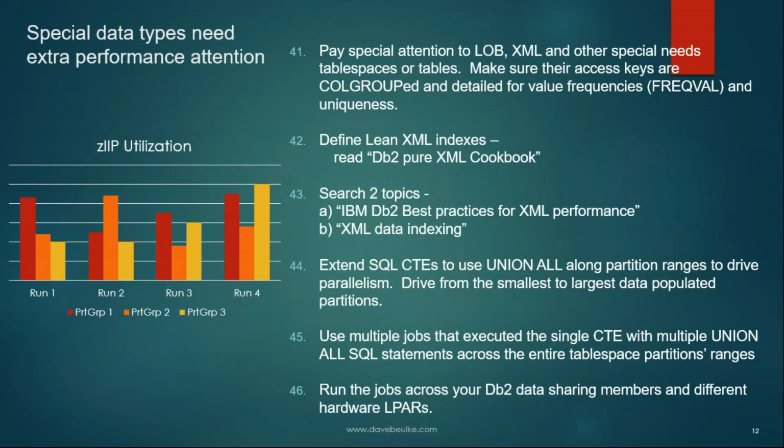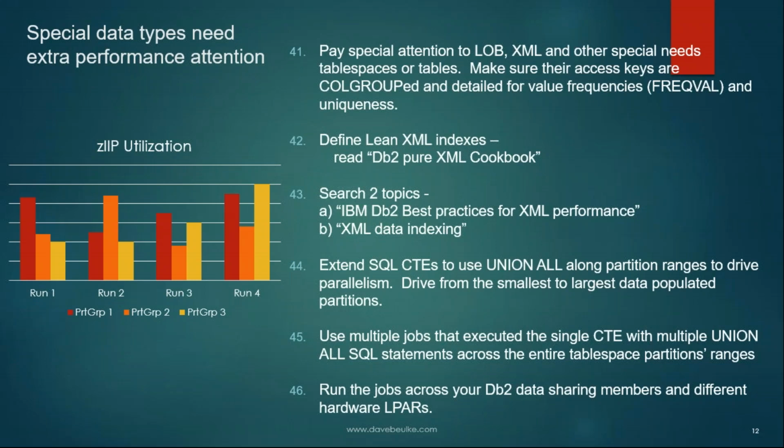So what we do with the SQL is we create a CTE that gives us all the SQL and all the report information, and we're going to drive that CTE to make sure it answers all the business requirements of the environment, and we're going to use multiple jobs that execute the CTE with multiple UNION ALL statements across the entire table space's range.